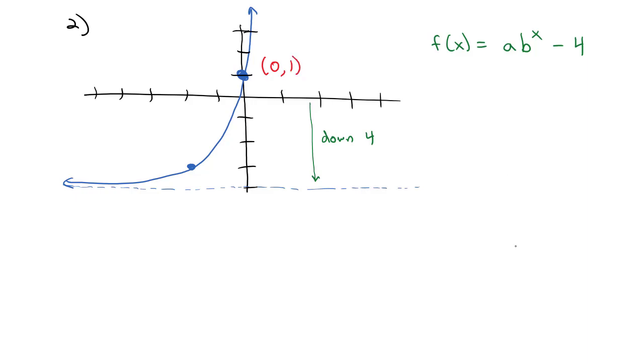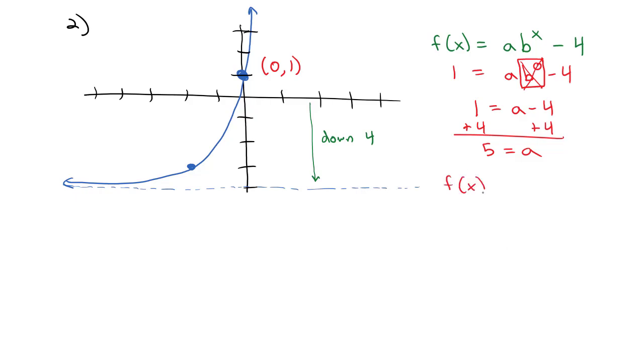Here we have 0, 1, which means the answer is 1 when x is 0. Anything to the 0 power becomes 1, and so we can kind of ignore that part, and we have 1 equals a minus 4. Add 4 to both sides, and 5 is equal to a. So now we know that f of x is equal to 5 times b to the x minus 4.